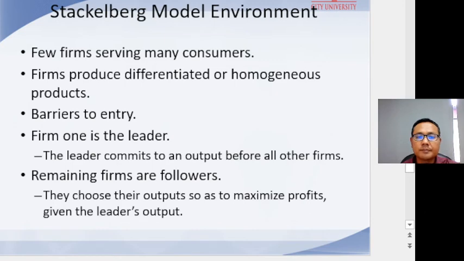Specifically, one firm, the leader, is assumed to make an output decision before the other firms. So given knowledge of the leader's output, all other firms, or followers, take as given the leader's output and choose output that maximizes profit. Thus, in a Stackelberg oligopoly, each follower behaves just like a Cournot oligopolist.